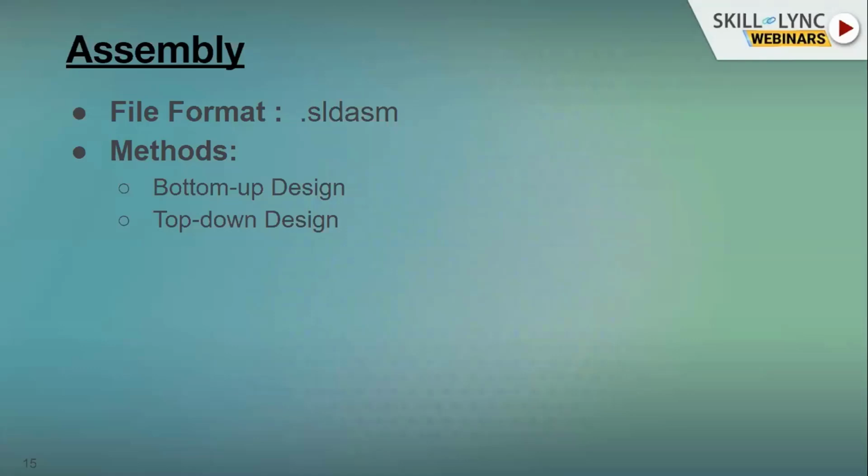So in bottom-up design, we make parts as separate files and then put them all together to make the assembly. Top-down is nothing but we just create an assembly file within which we create individual parts in order to meet the assembly product requirements.